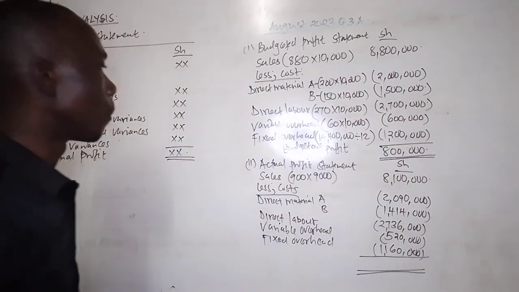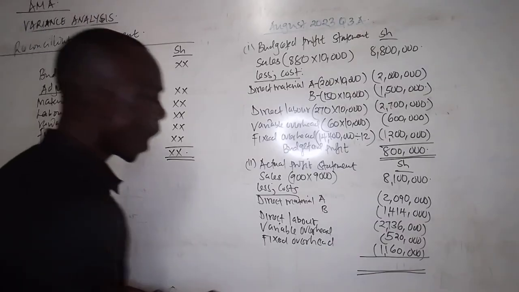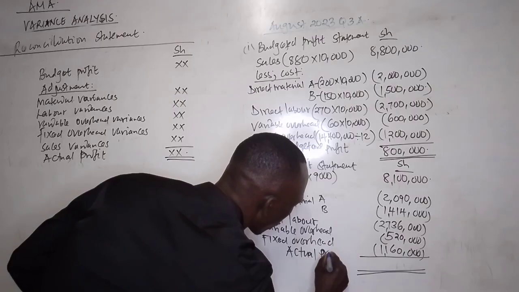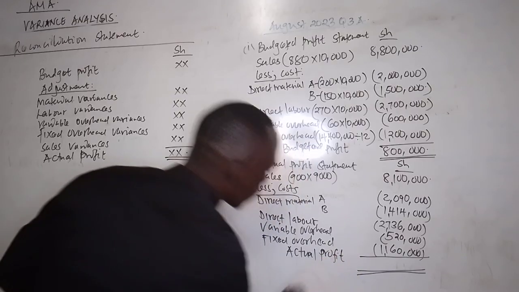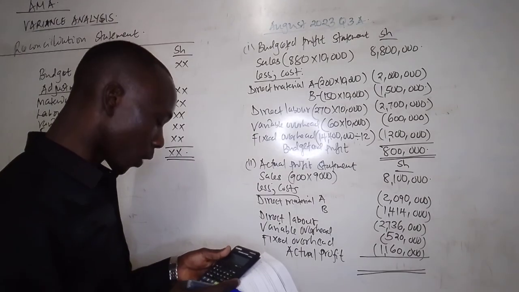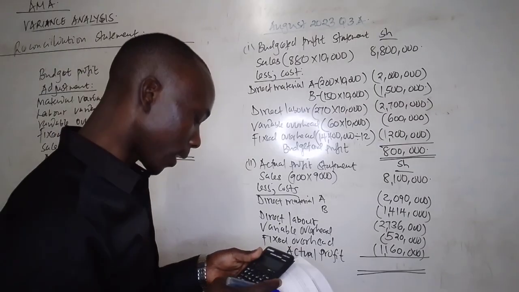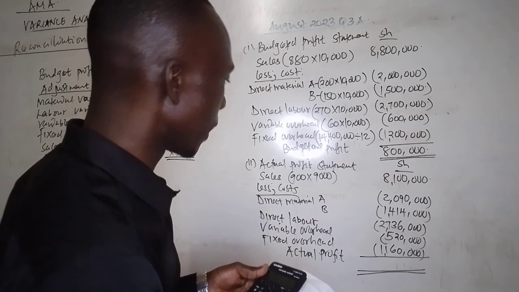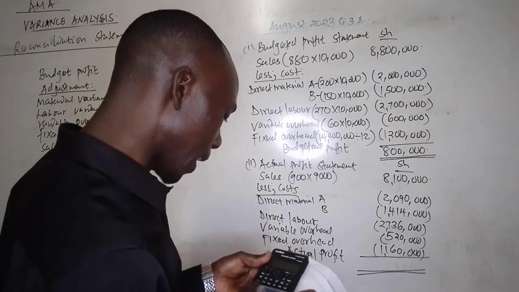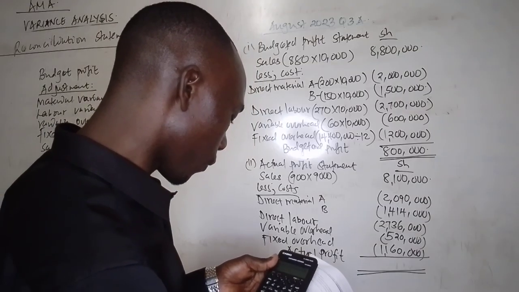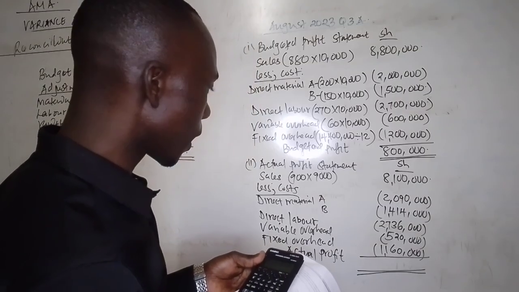That's how we are going to compute our actual profit. Let us see how much we are going to get as the actual profit. Again it is 8.1 million. Then we raise 2,090,000. We raise 1,414,000.